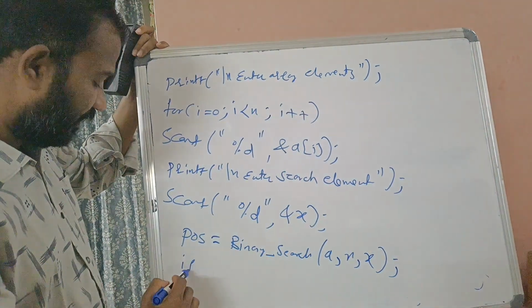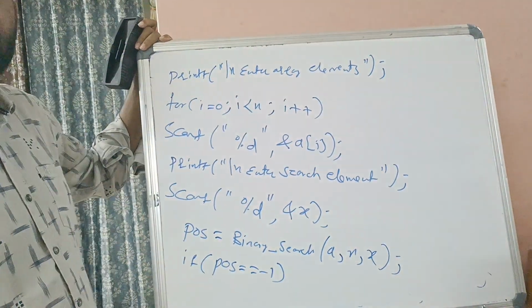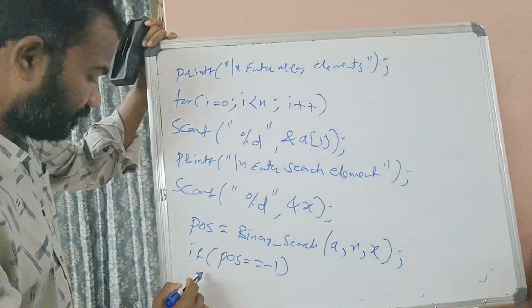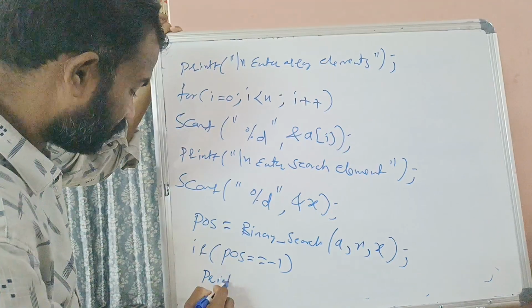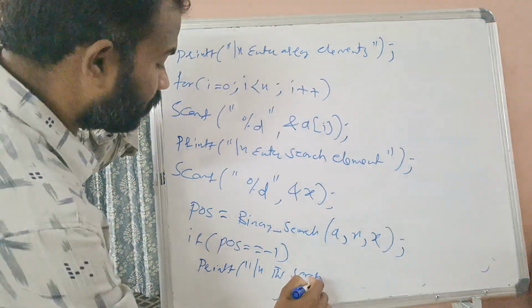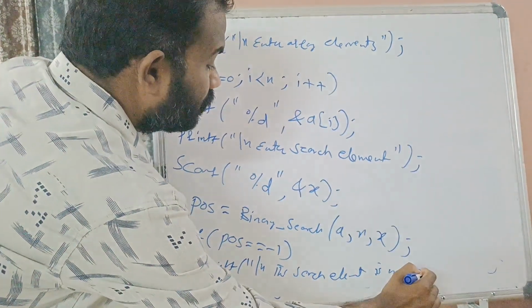If this position is equal to -1, what is the meaning of this? Position equal to -1 means the search element is not present. The search element is not present.